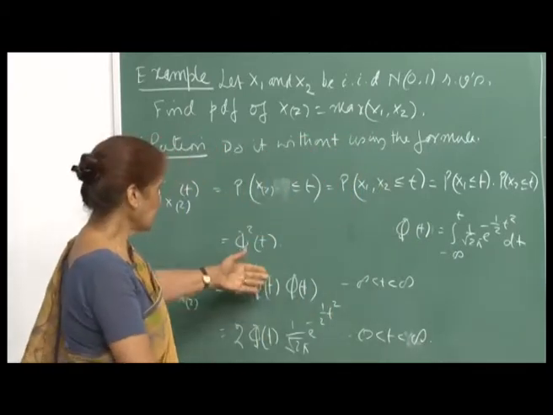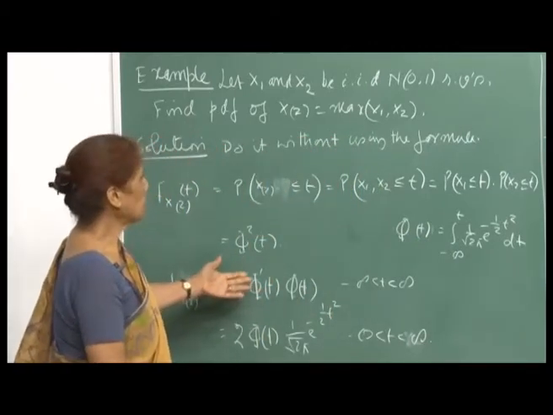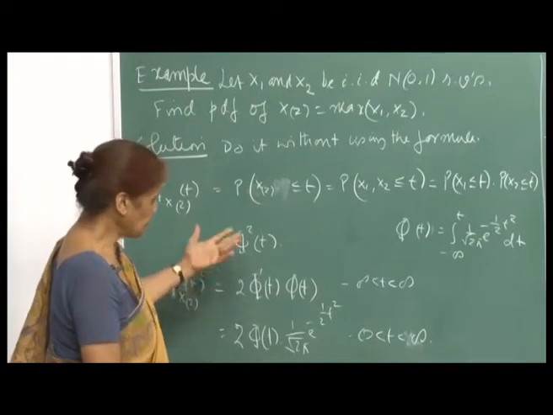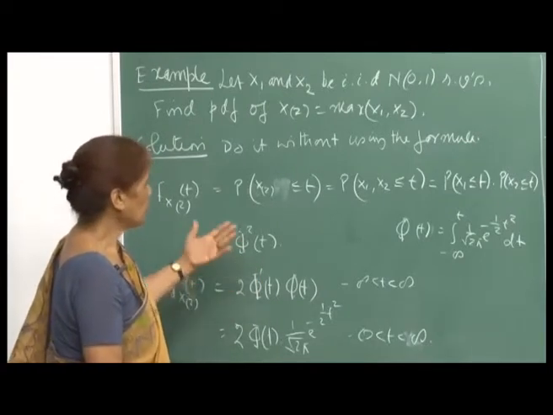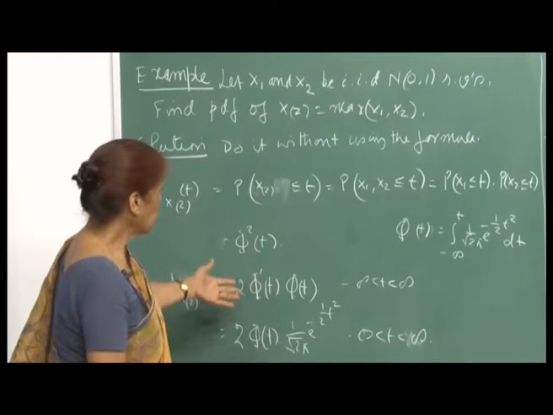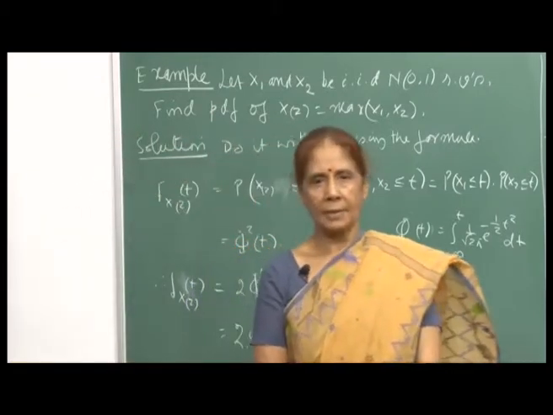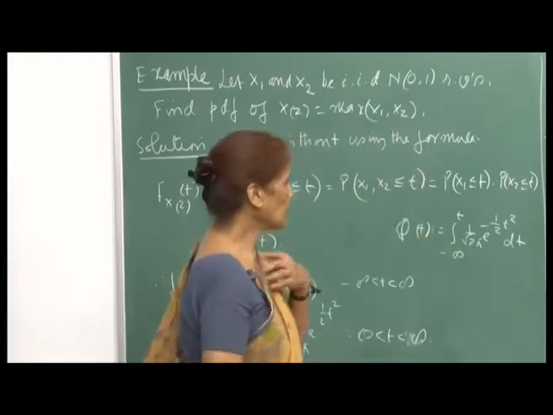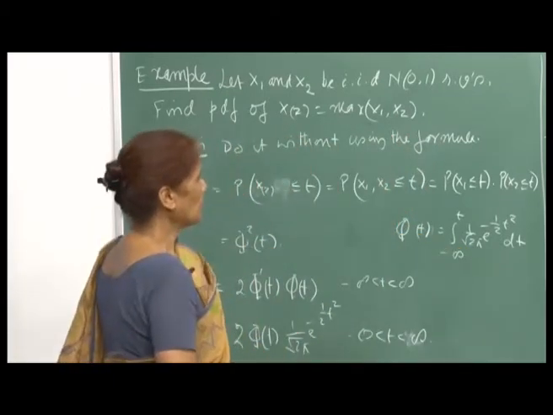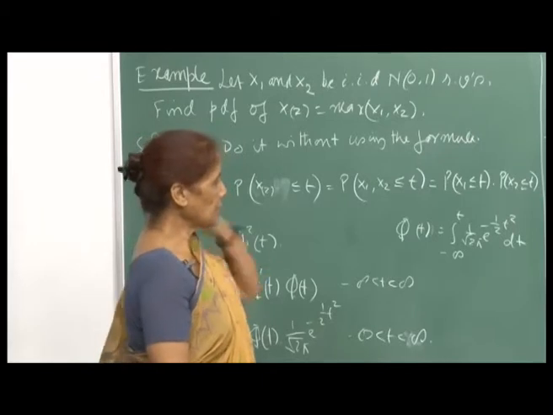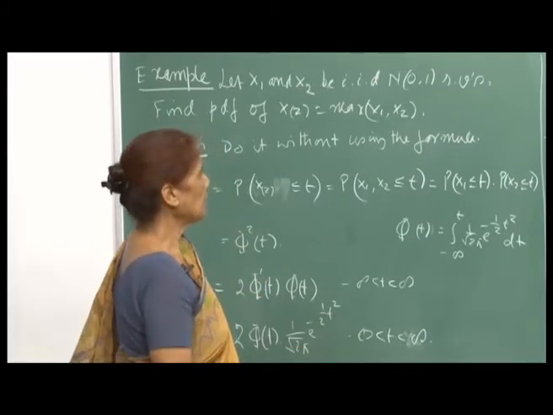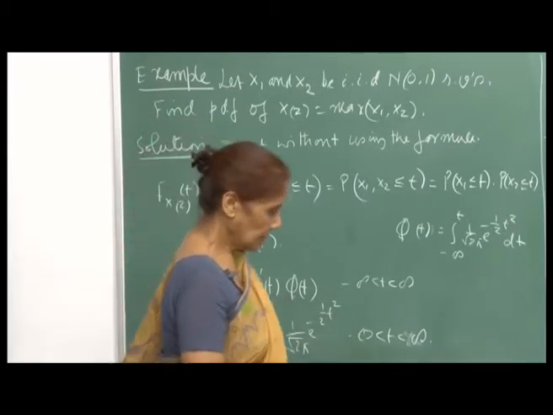So it looks like if your sample is from a normal distribution or from a uniform distribution, you can easily obtain PDFs of the order statistics. In other cases also one can see, and of course there are methods for computing difficult integrals in many other ways, by numerical methods.